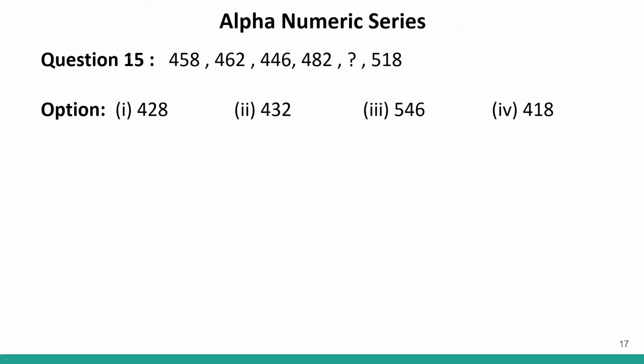Clear? Question number 15. We have 458, 462, 446, 482 and the missing number, then 518. So the difference between the first two numbers is basically plus 4. Then from 462 to 446, this is minus 16.